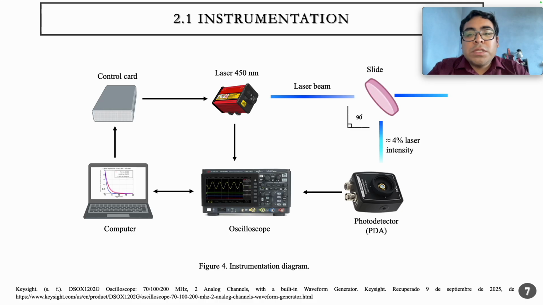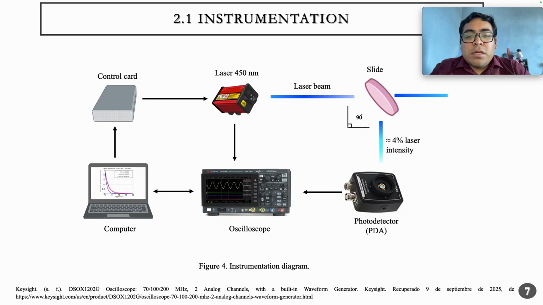We have the instrumentation. This diagram shows the instrumentation setup. The control card drives the 450 nanometers laser, whose beam is partially reflected by a slide to reduce the intensity to about 4%. The photodiode captured the signal, which is sent to the oscilloscope and then processed by the computer.